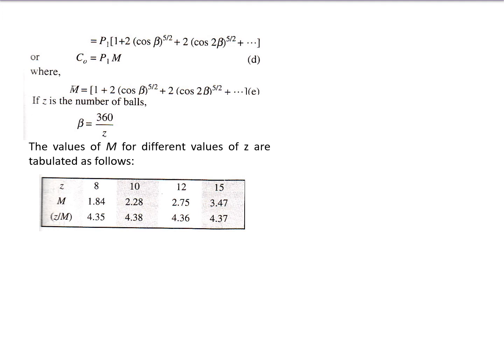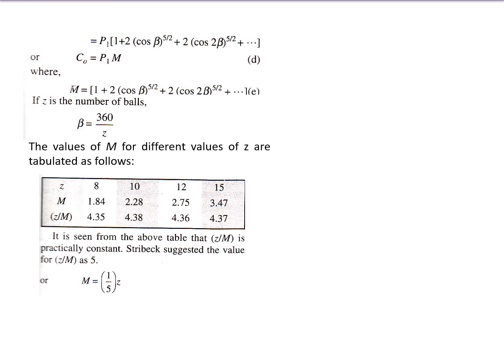M is calculated and the Z by M ratio is taken. For any number of balls, Z by M is nearly the same, that is 4.35, 4.38, 4.36, 4.37.